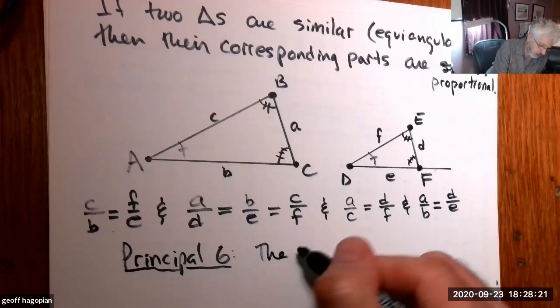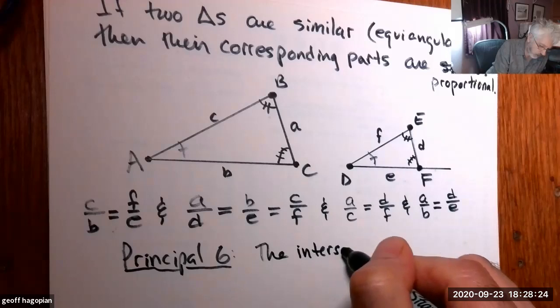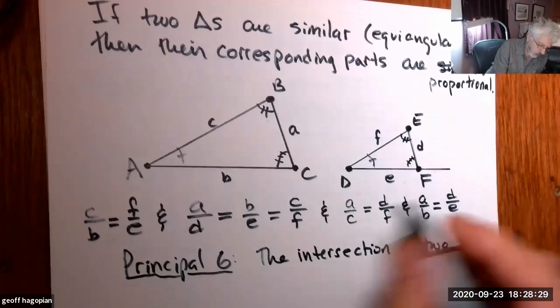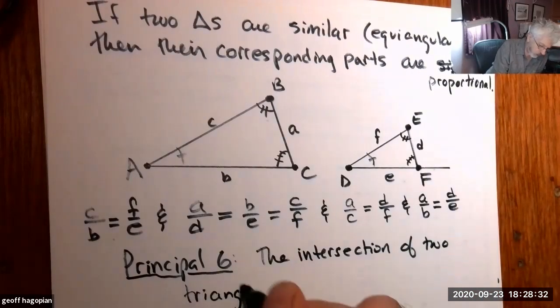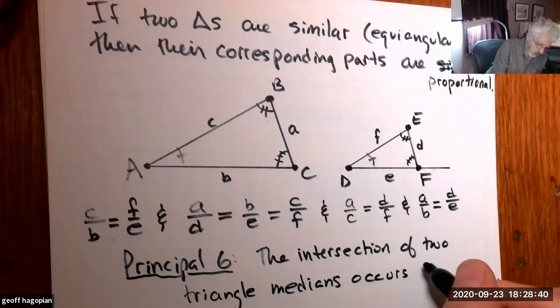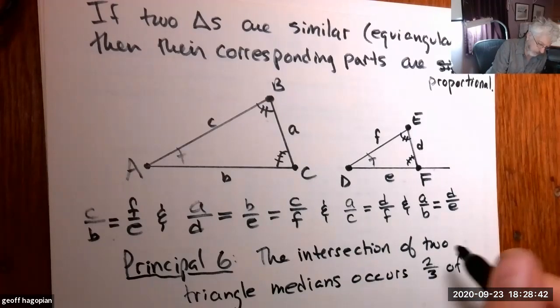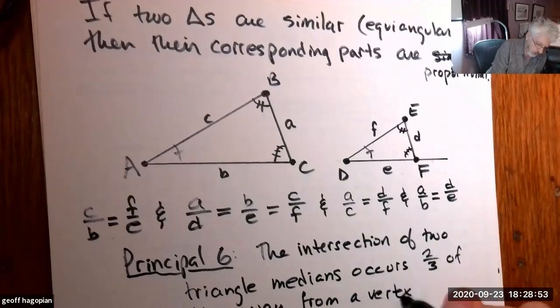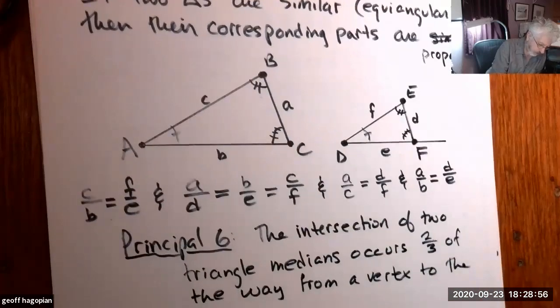The intersection of two triangle medians occurs 2/3 of the way from a vertex to the opposite side. I think I just said that from my own understanding of the theorem.